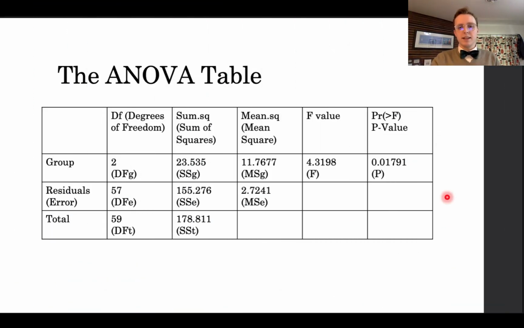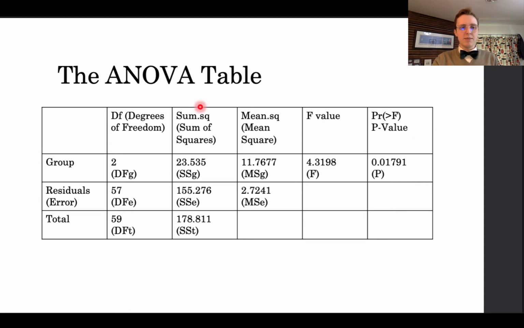All right. Let's look at the ANOVA table without all of the abbreviations found in R. You can see that vertically we have group and residuals. For the rest of this lesson, I will refer to residuals as error as a matter of preference. Then horizontally, we have degrees of freedom, sum of squares, mean square, the F value, and the P value.